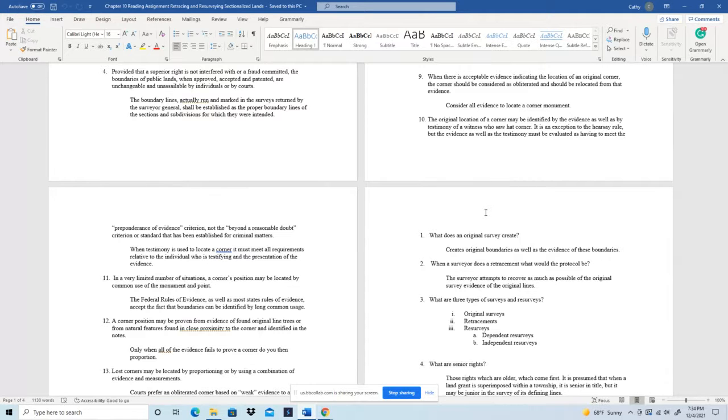I don't know if any of y'all were listening that one day when I was talking about how they were trying to find the dividing line between two counties in North Carolina, and they went to a local gas station, like an old service station, and said, yeah, so and so comes up there every day about 11 o'clock. So they hung out there trying to establish where a line was. And then one guy said, yeah, my girlfriend, she's so and so years old, she was alive back then, and this is where she was told it was.